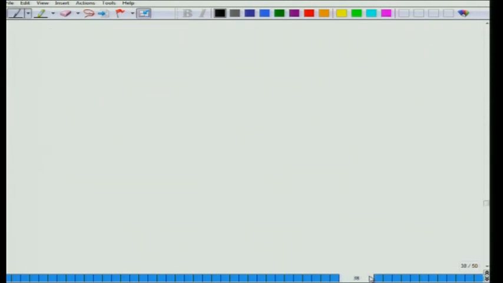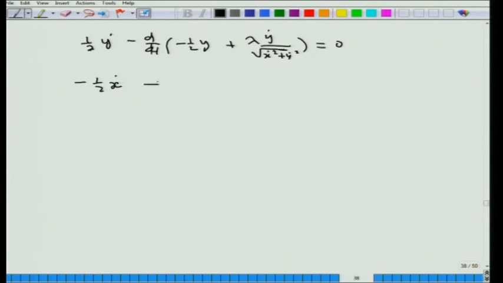So, these two equations give us half y dot minus d/dt of (minus half y plus lambda y dot over the square root of x dot square plus y dot square) equal to 0. Similarly, we get minus half x dot minus d/dt of (half x plus lambda x dot over the square root of x dot square plus y dot square) equal to 0.